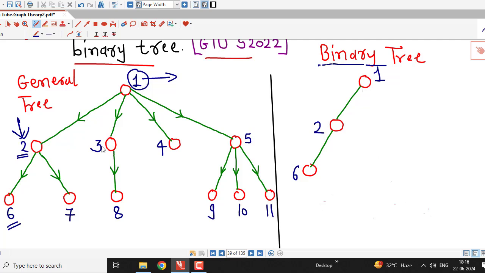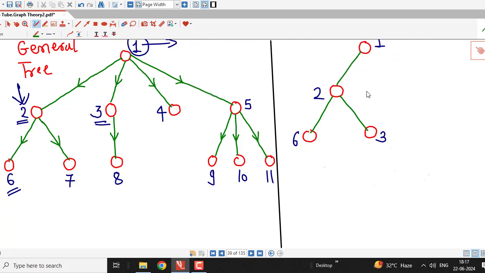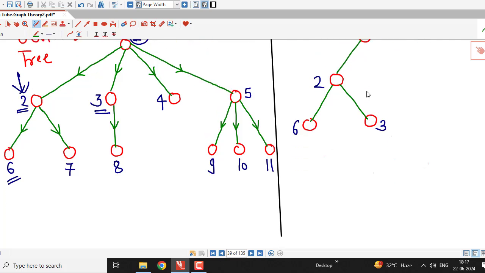Therefore the right sibling of 2 is 3. So here we will consider right child of 2 as 3, and let me mention 3 here, and there is an edge from 2 to 3, and this pattern we have to follow for each and every vertex.